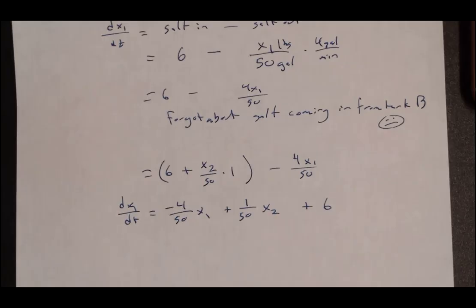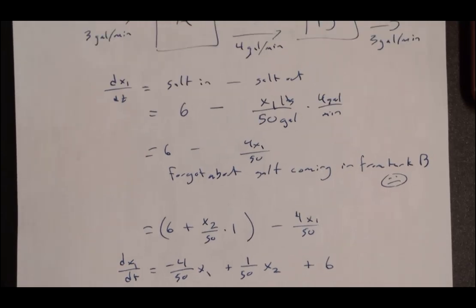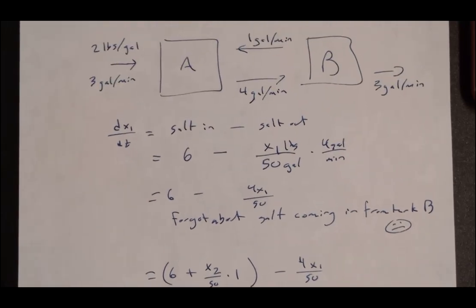But that's only tank A. What about tank B? I got to scroll back up to my picture so I can see what's going on. Here's tank B. How much salt is going into tank B?